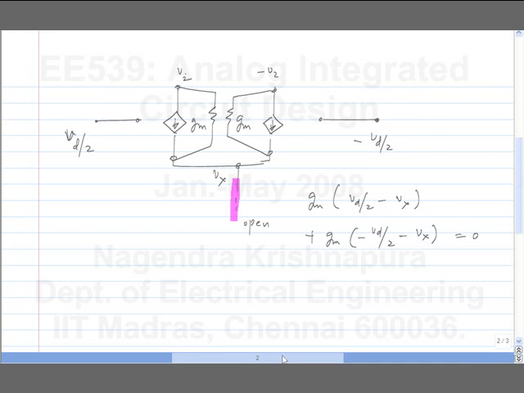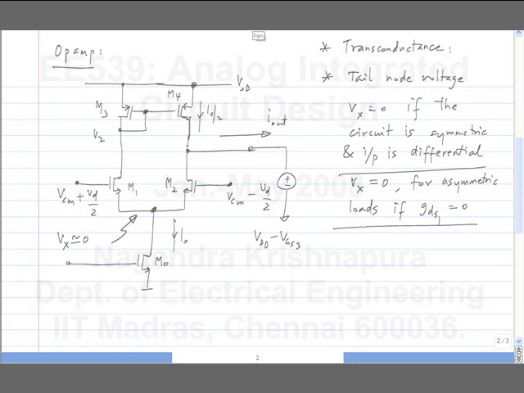So we can make either this assumption, or in fact Vx is approximately equal to 0 for certain conditions on the load. Even if the loads are asymmetrical, the value of Vx is very close to 0 for certain conditions on the load. So we'll assume that one of these two is true, and it is true. We'll discuss that afterwards. But we'll assume that Vx is very close to 0 and go ahead with the calculations.